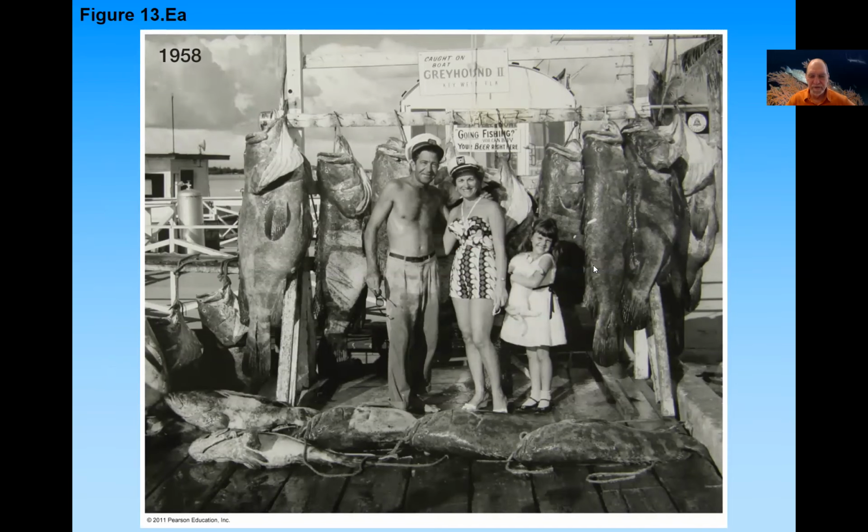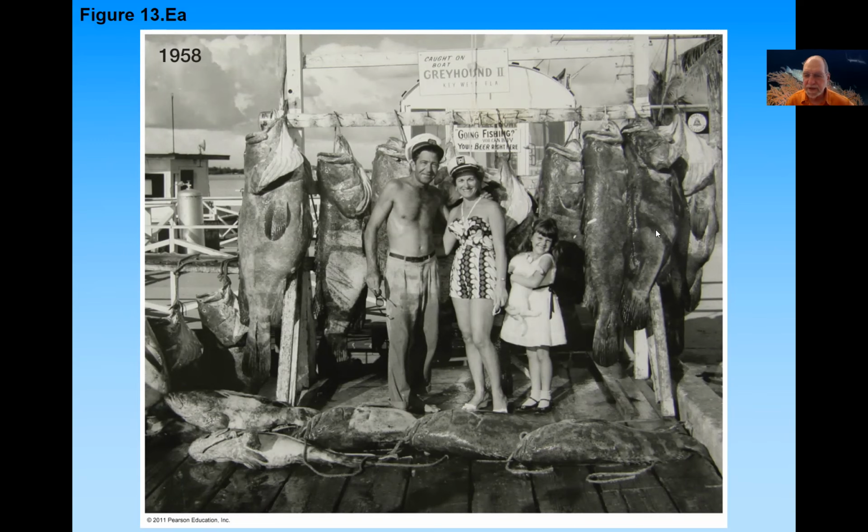This is a picture taken from Key West. And in Key West, this ship, the Greyhound 2, goes out from Key West every day, and it takes people with them, and offshore they go, and they come back at the end of the day, and this is their catch. Wow, what did they catch? Well, mostly what they're catching are Goliath groupers.